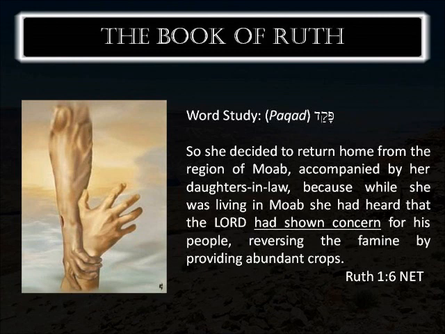As we note from the end of the chapter, Naomi obliges us with her own personal interpretation. She's going to tell the people of Bethlehem, yeah, God's visited me, and the result is I'm bitter now. I left with my arms full. I came back with nothing. In a world of casuistic law as the Israelites lived in, Naomi is clearly going to be seen as outside of God's favor.